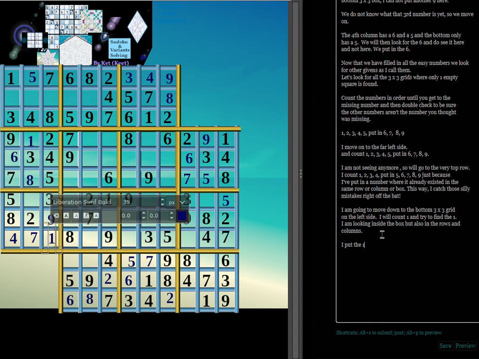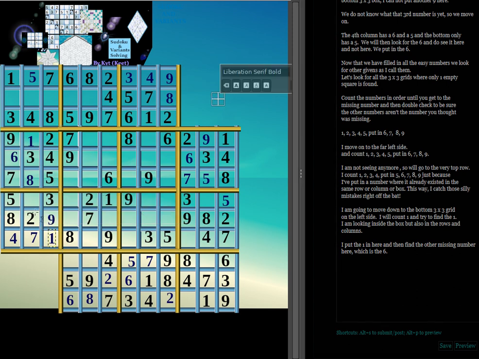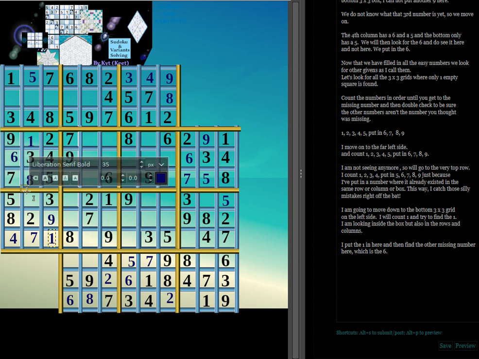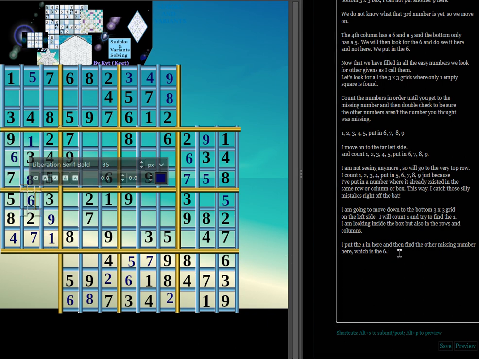I put the 1 in here and then find the other missing number here, which is the 6. I count 1, 2, 3, 4, 5, put in 6, and count 7, 8, 9. Done.